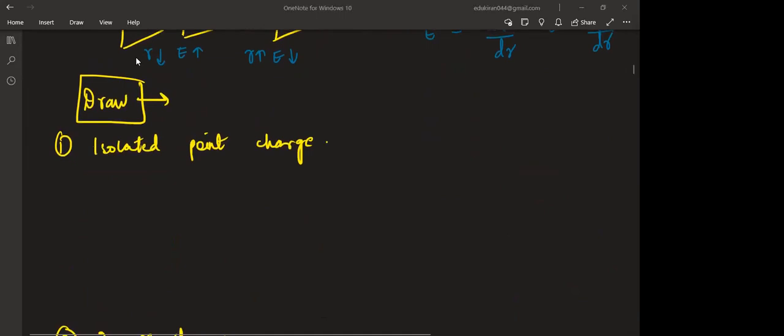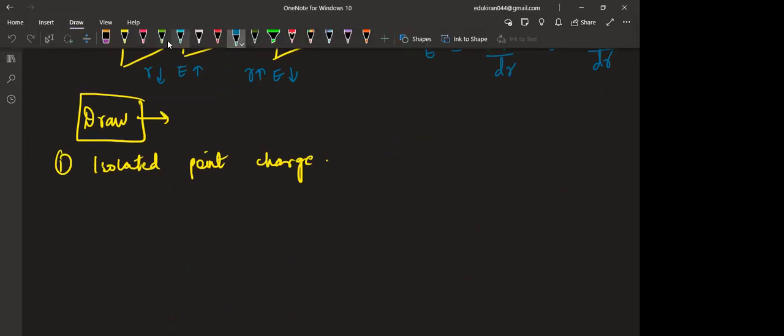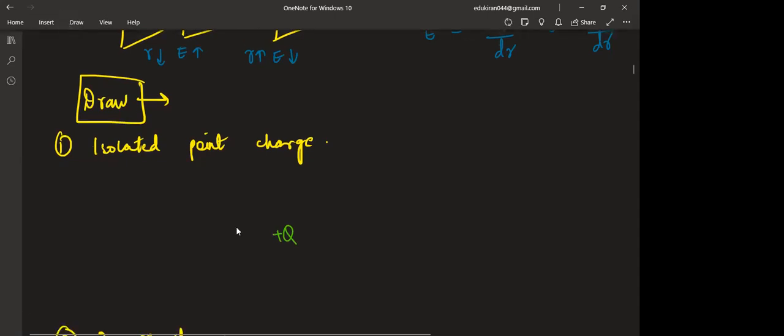Class, this type of question is also asked sometimes: draw equipotential surfaces for an isolated point charge. Suppose charge Q is given. So equipotential surfaces around this charge will be just concentric circles like this.